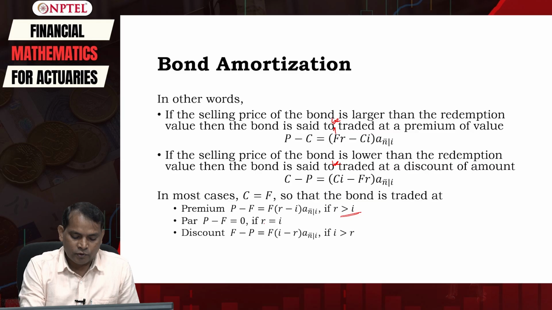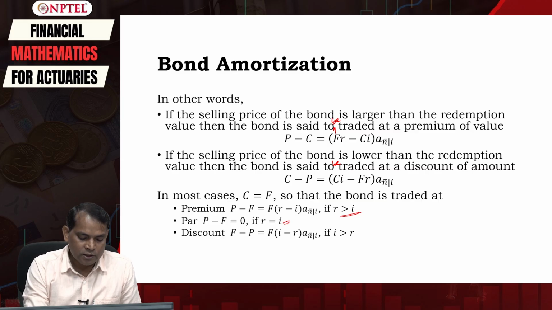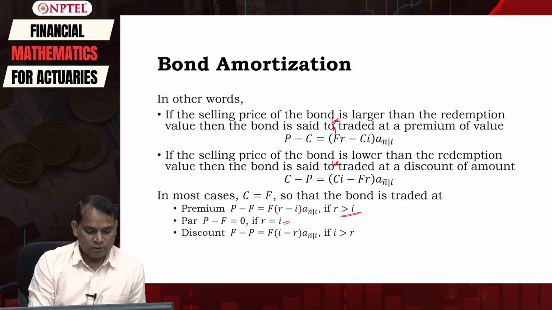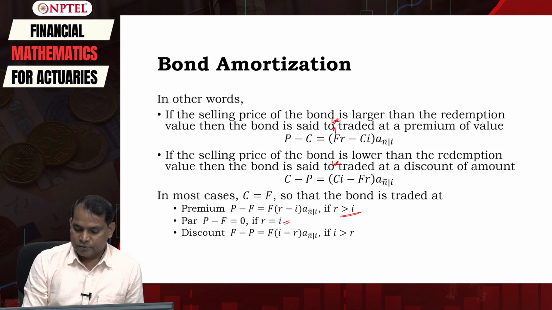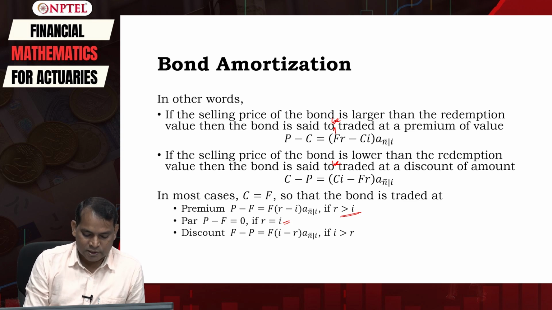For r = i, P = F, so P - F = 0. If the bond is trading at a discount, then F - P = F(i - r) a angle n at i if i is greater than r.